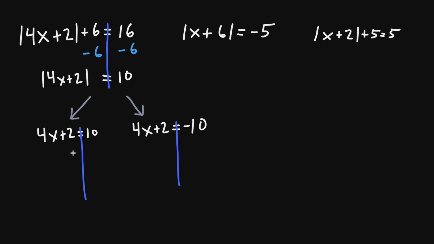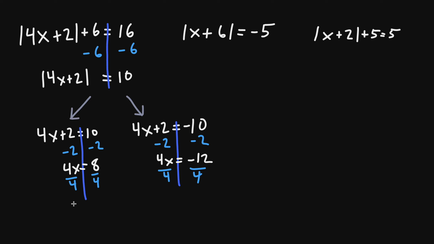At this point, there's really no tricks. We can subtract 2 from both sides, and over here you get 4x equals 8. And over here, when you subtract 2 from both sides, you get 4x equals negative 12. Then on both of them, we're going to divide by 4, everywhere.